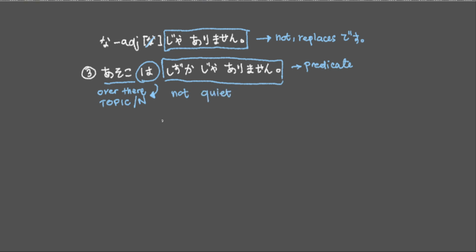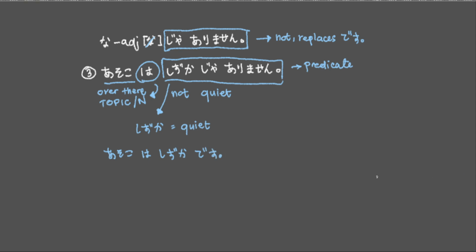Okay? Again, if we are going to transform this into positive form, it's shizuka. Shizuka means quiet. So if you want to make this into a positive sentence, you say, あそこは静かです。Right?